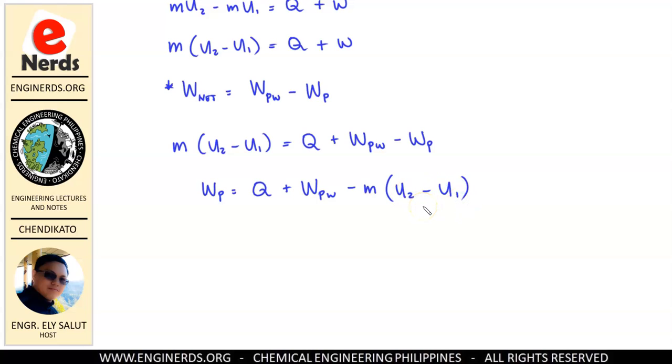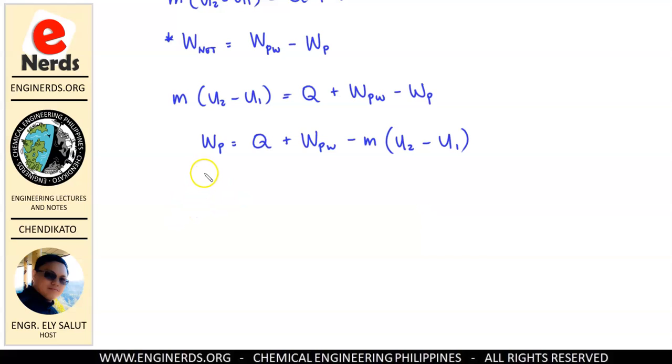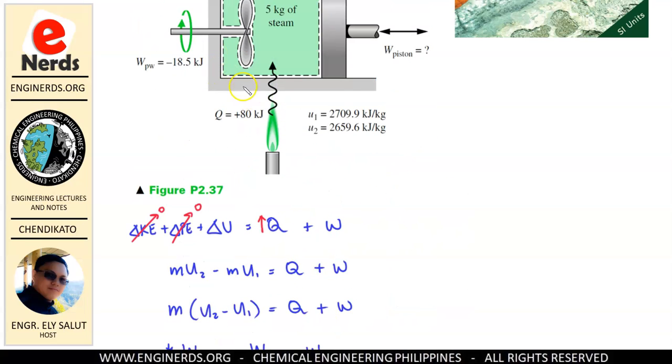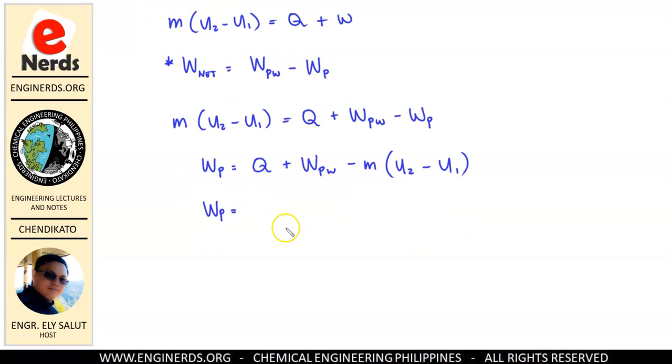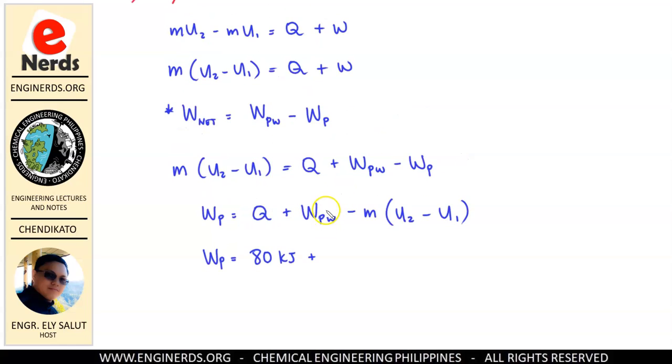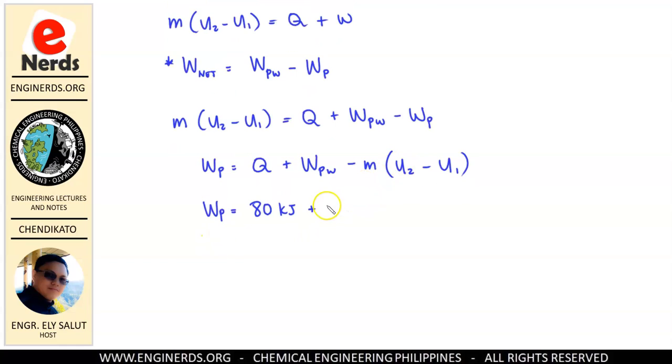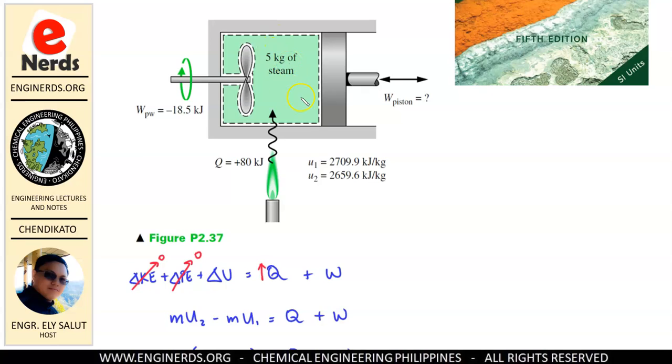Okay? So now let us substitute our values. We have work on the piston is equal to Q. Our Q is equal to 80 kilojoules. So we have 80 kilojoules plus our work from the paddle wheel, which is equal to 18.5 kilojoules, minus our mass. Our mass is equal to 5 kilograms of steam.